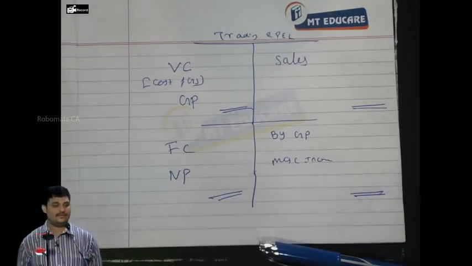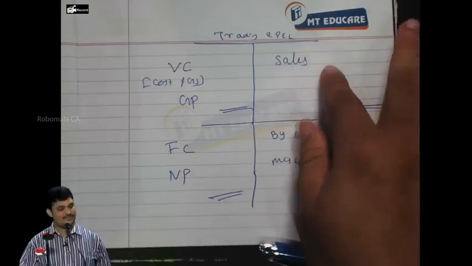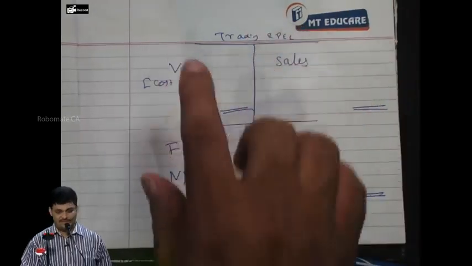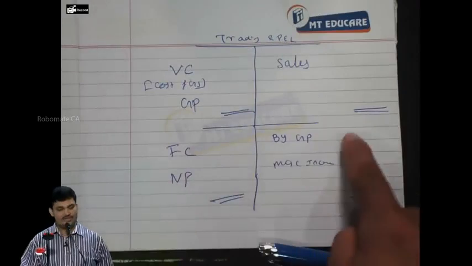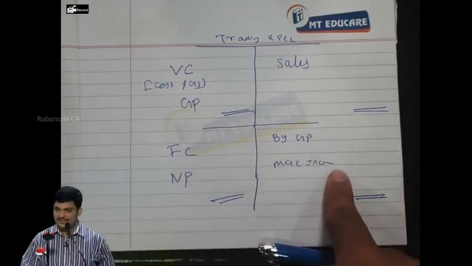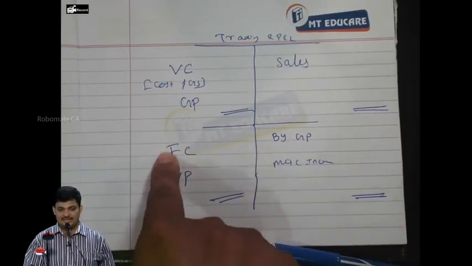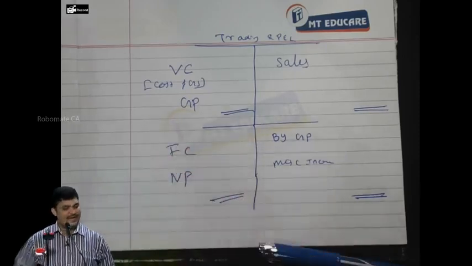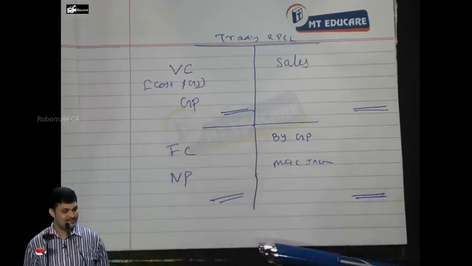Do you accept this statement? Sales, cost of goods sold, we get gross profit, plus miscellaneous income, minus various indirect expenditure, fixed expenses, you get net profit. You agree with this?